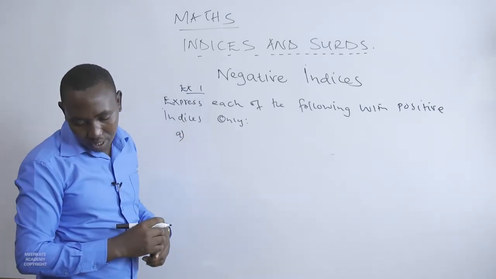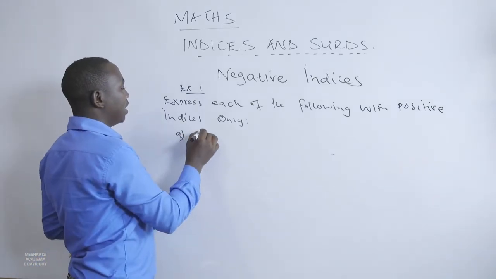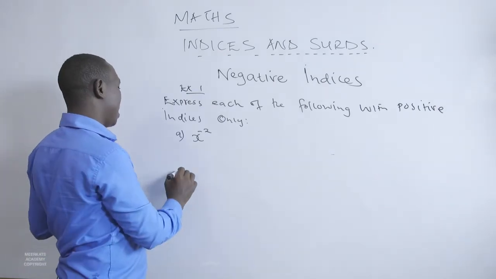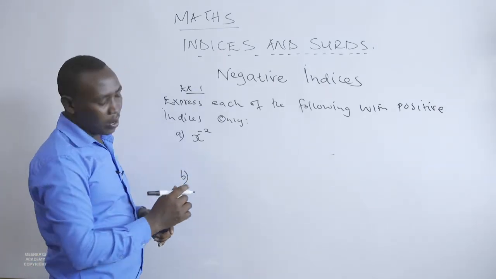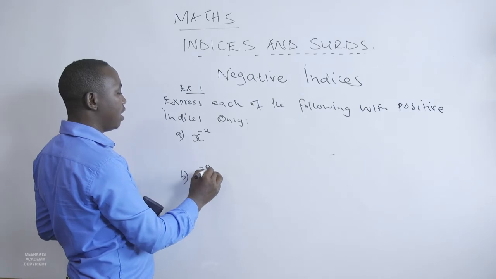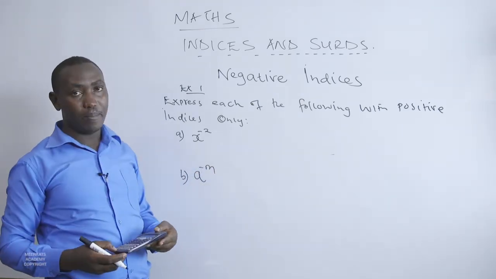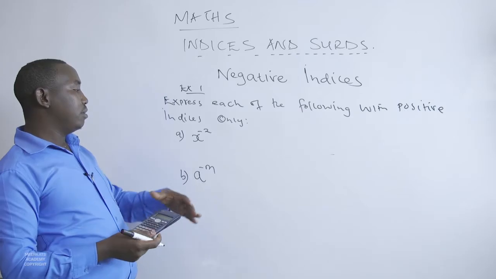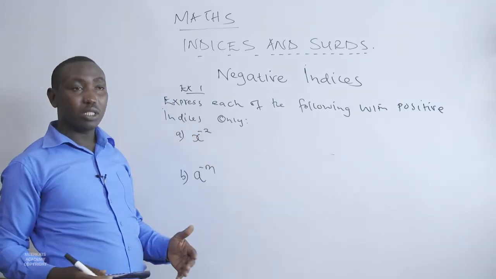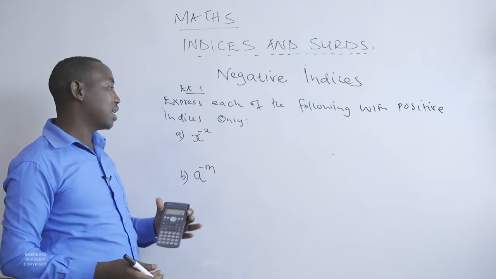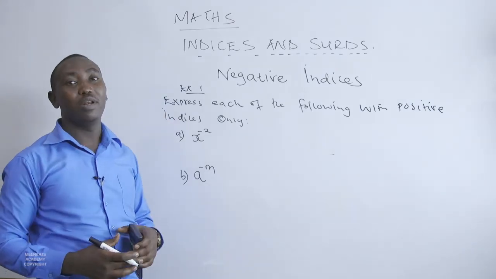Number A, we have x raised to the power of negative 2, and number B, we have a raised to the power of negative m. Now, you have worked out your question, and you now have the result as x raised to the power of negative 2.